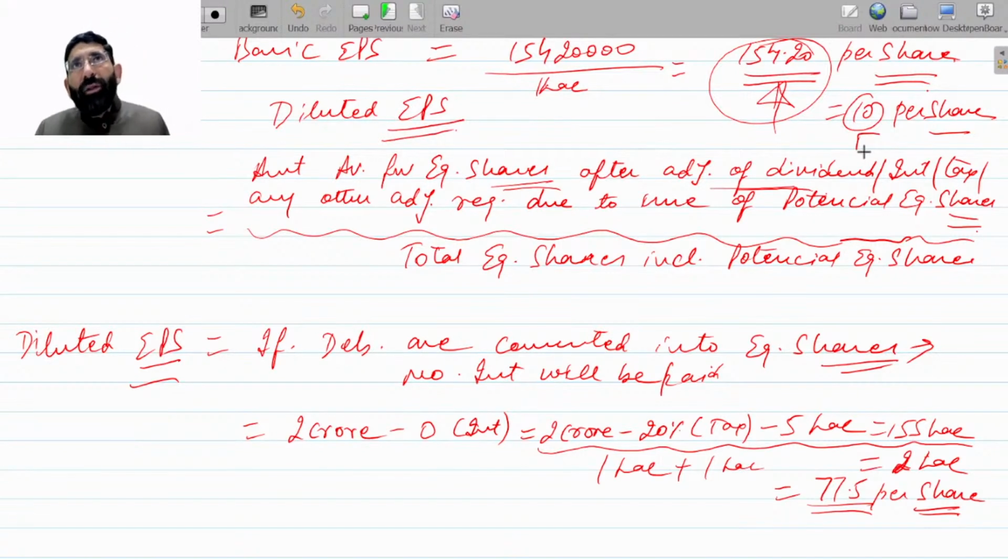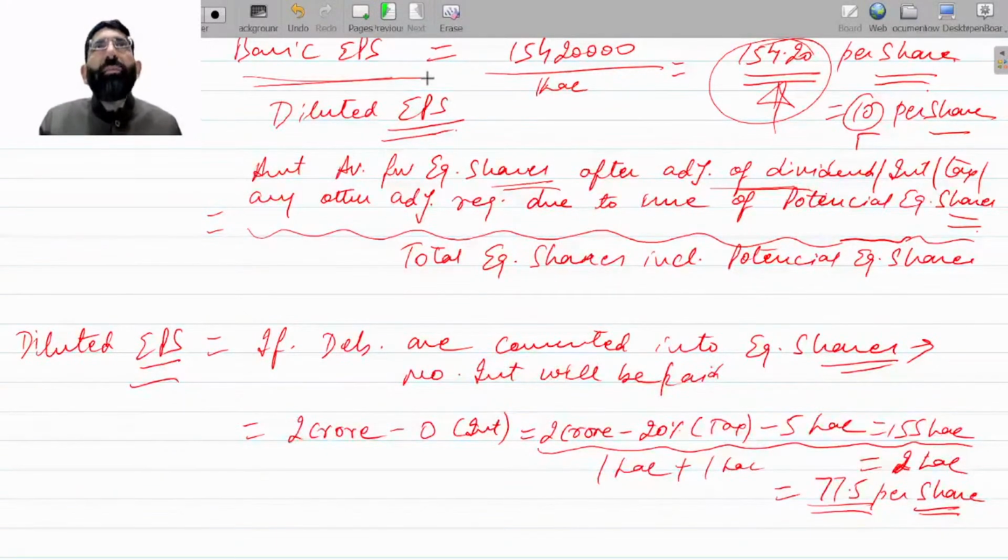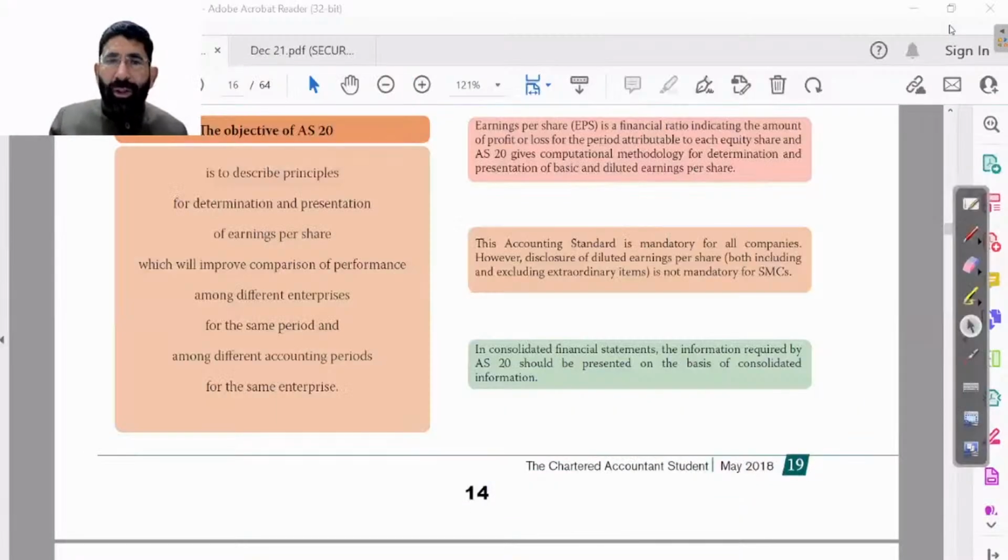The company says I need the money for further development, I need it to be kept in my reserve. That is all depending upon the company. So this is just a disclosure of how much basic EPS there is and how much diluted EPS there is. This is also disclosure, nothing else. The company is not going to pay any diluted EPS to anyone. This is just for the purpose of calculation. See, here it is specifically mentioned.